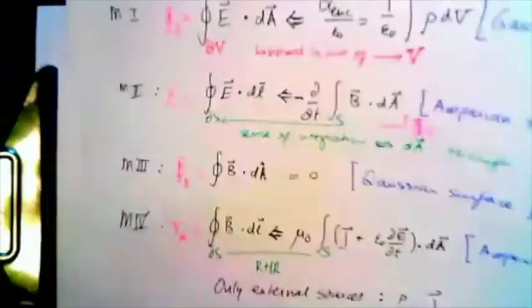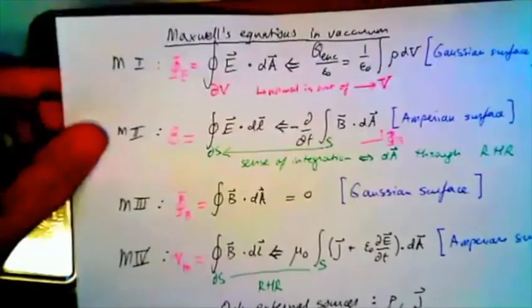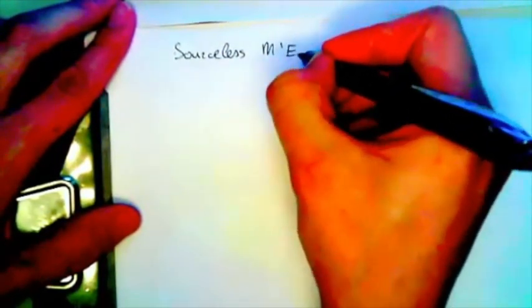So let me write that down, but now I'm going to write them in a causally correct manner. So Maxwell 1, sourceless. Sourceless Maxwell's equations.